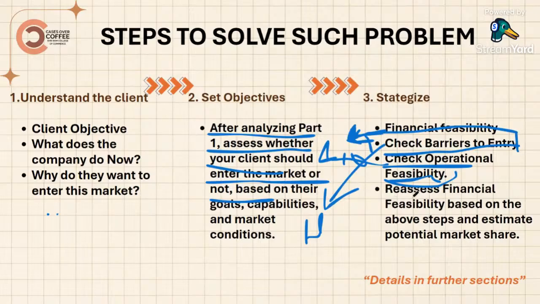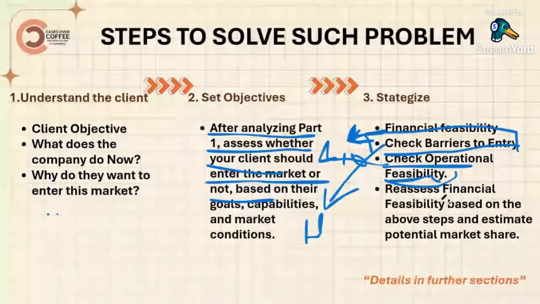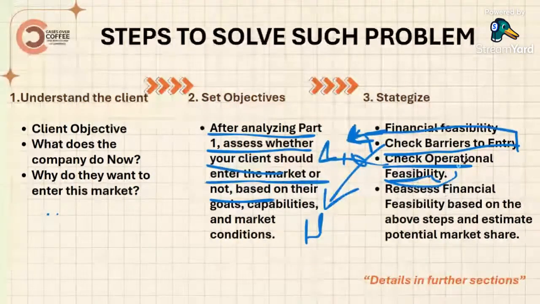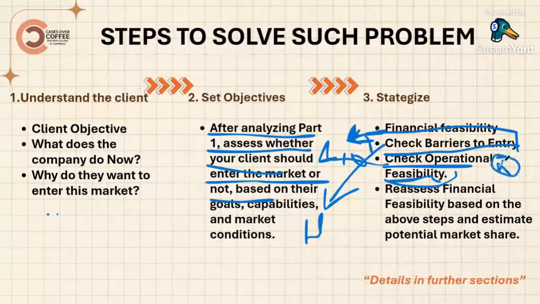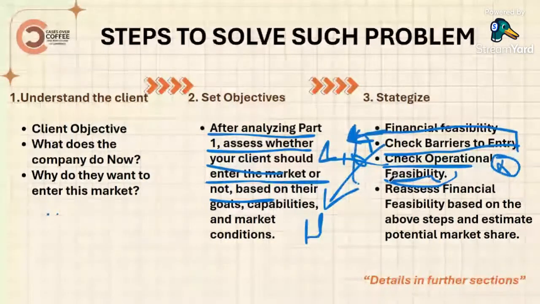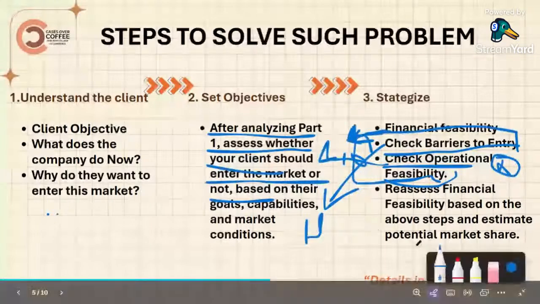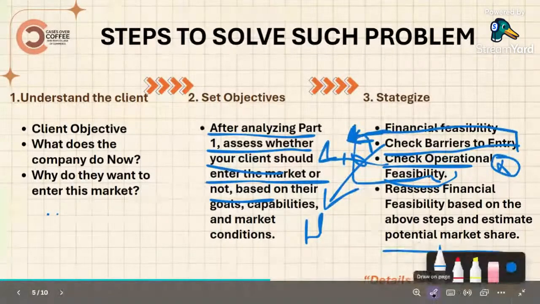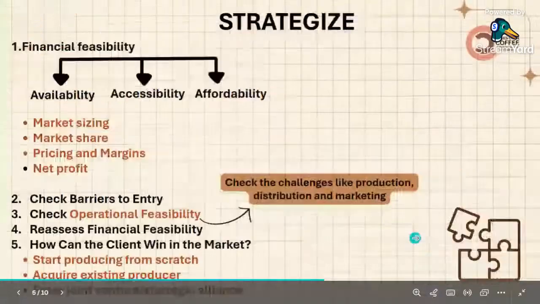If we come to a conclusion that we cannot do this, then we reassess the entire thing, and then we come to a conclusion and estimate the potential market share we may gain. I'll be discussing this in detail in the upcoming slide.